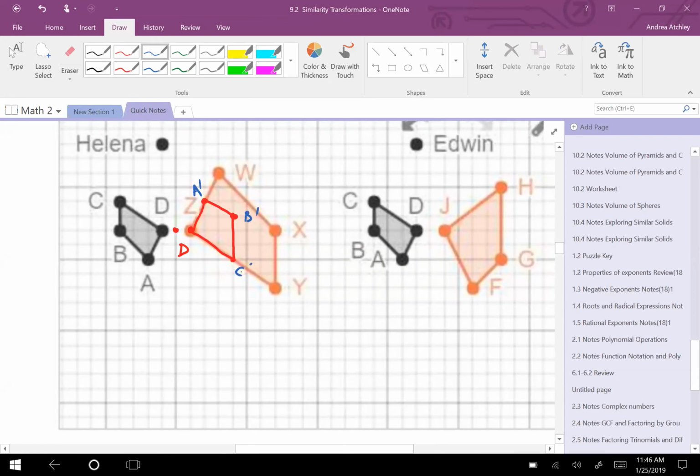This was our C prime. Okay, when we dilate it, it's going to be now right here to here to here to here. That makes sense? Now this is A double prime. This is B double prime, and this is C double prime. Because I had 2 transformations here.